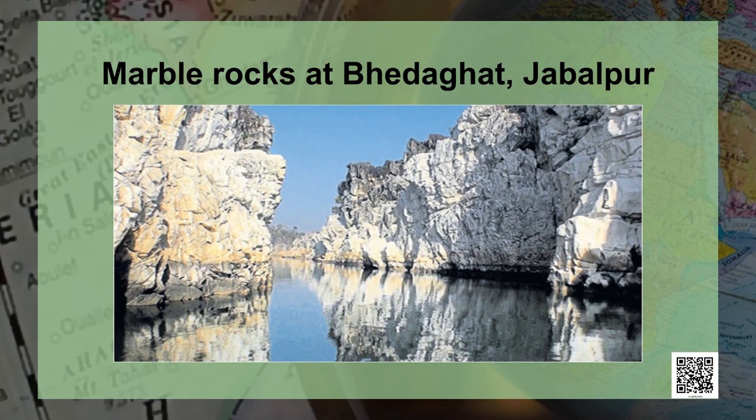Have you ever visited Jabalpur and this marble rock area? I have, and it is a beautiful place. Never mind, I'll show you some photographs of this place. Songs of few Hindi movies have also been shot here.